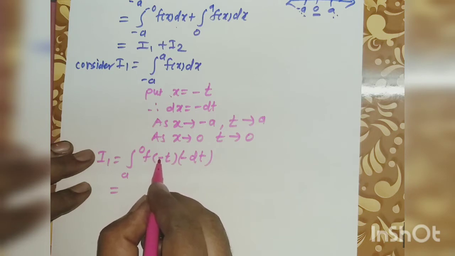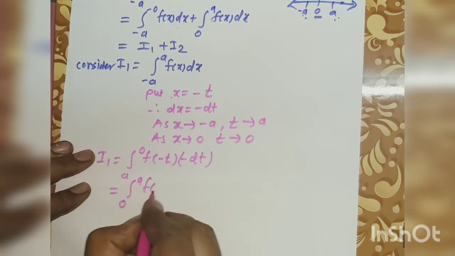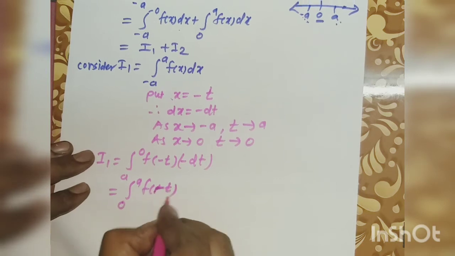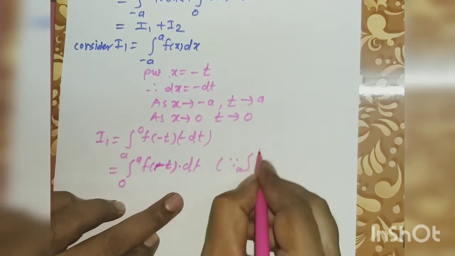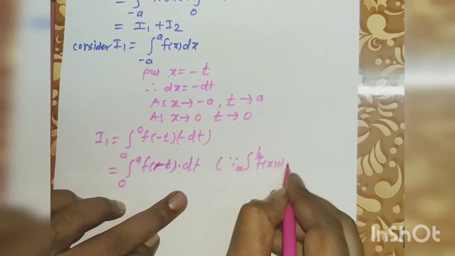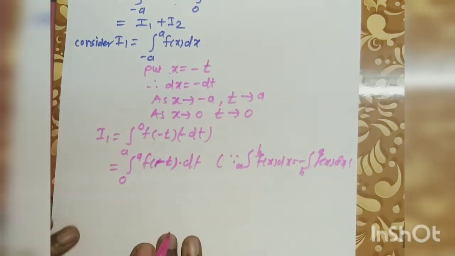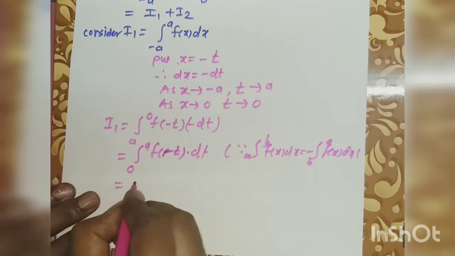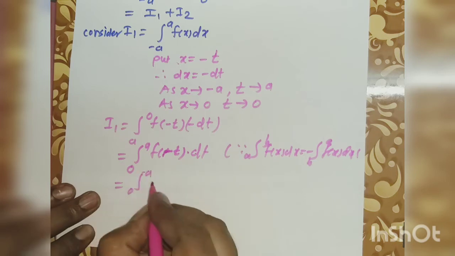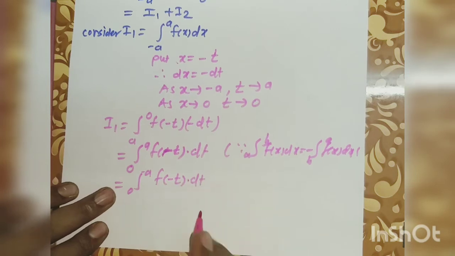We change the sign of this minus dt by interchanging the limit: 0 to a f of minus t dt. Here, integration a to b f of x dx is equal to minus b to a f of x dx, which is the second property. That is, I1 is 0 to a f of minus t dt.